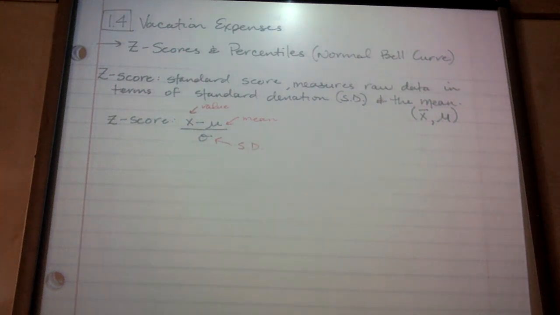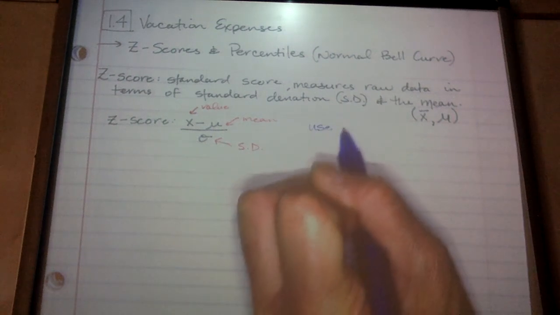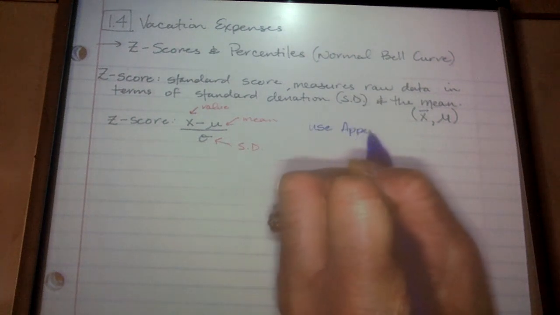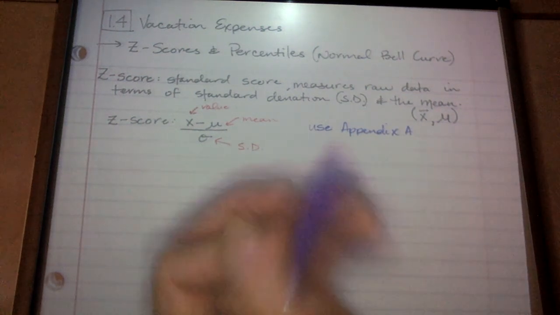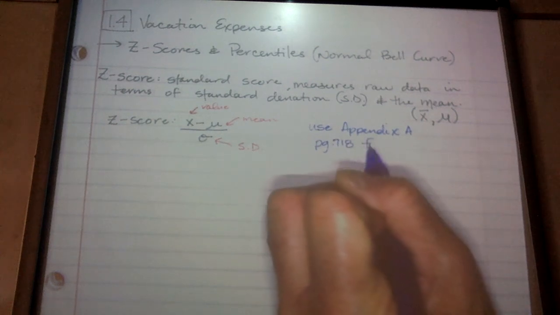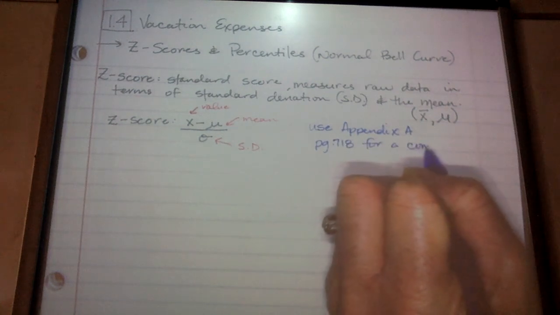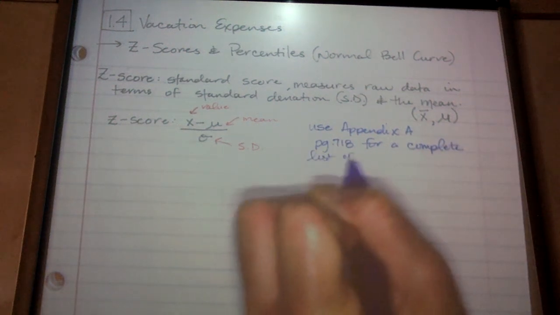Now, in order to do a z-score, you might want to take a Post-it. The complete list of z-scores is in the back of the book. We're going to be using Appendix A, which in my teacher version of the book is page 718, for a complete list of z-scores.